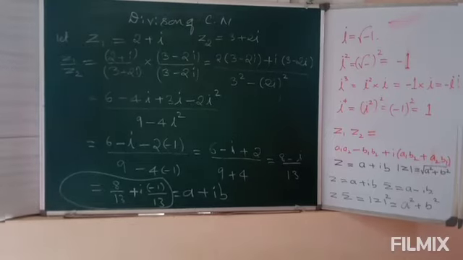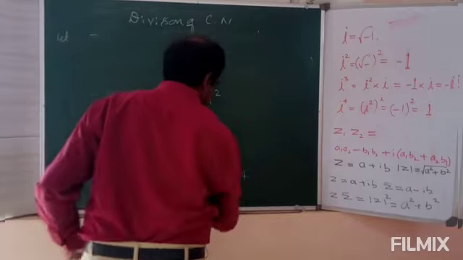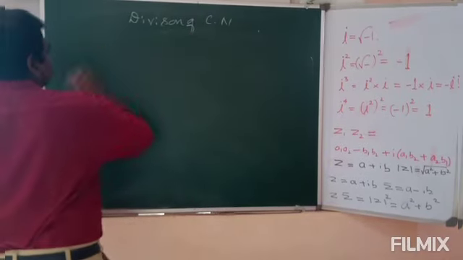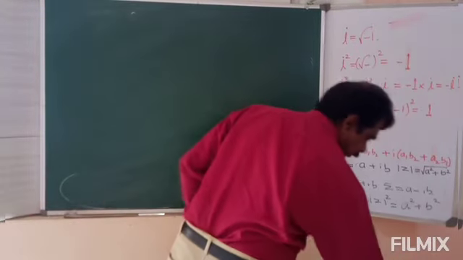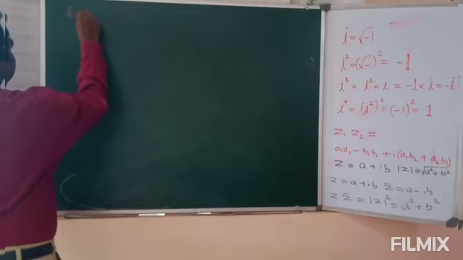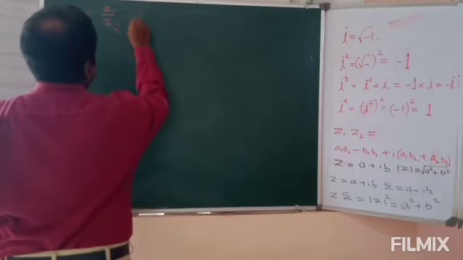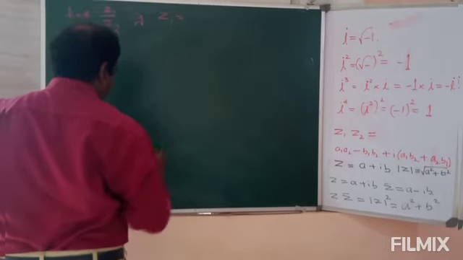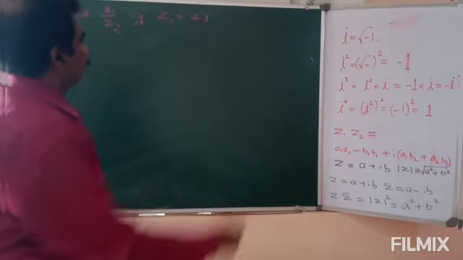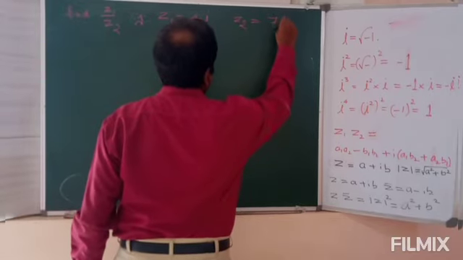Okay. Next problem. You know complex numbers. Find Z1 by Z2 if Z1 is equal to 4i and Z2 is equal to 7i.